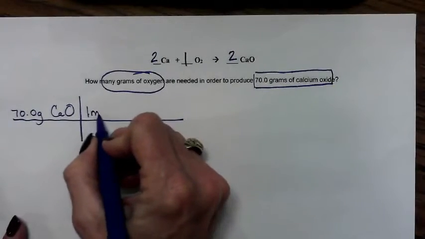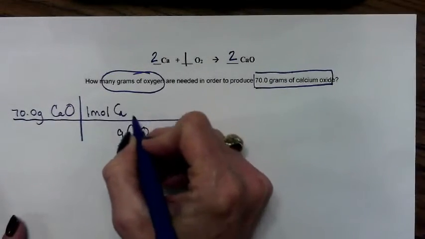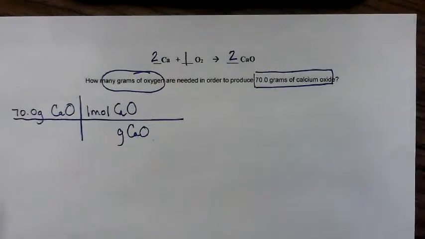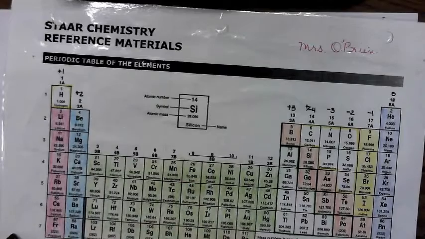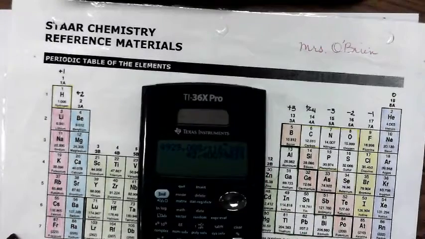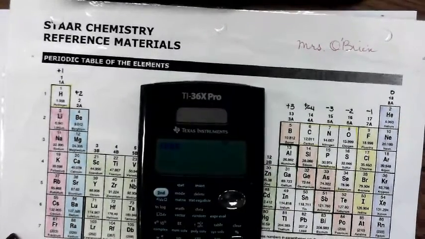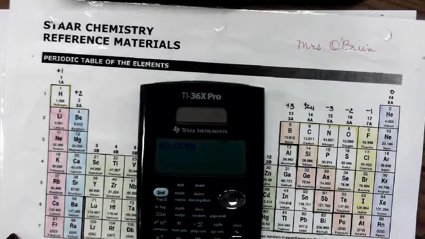So 1 mole of calcium oxide is a certain number of grams. Pull out a periodic table. There it is. Okay, mass of calcium, 40.078. And there's only 1 calcium. There's also only 1 oxygen, so I'm just going to add those molar masses together.